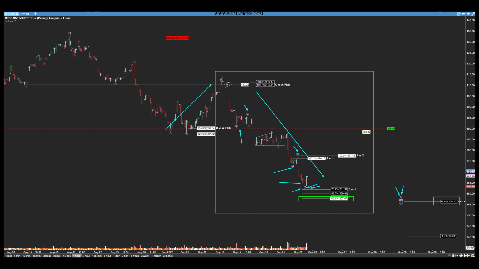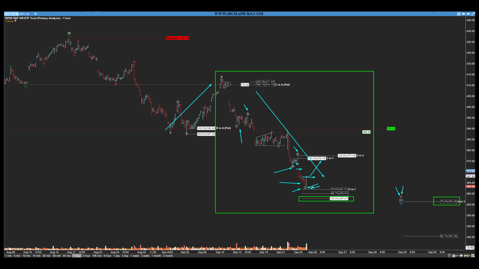For now, we did get a major move back up, and I also want you to know that it did take out the last high. Okay, and it closed above it, so this gets us going back towards this 376 and closing out this gap right here.